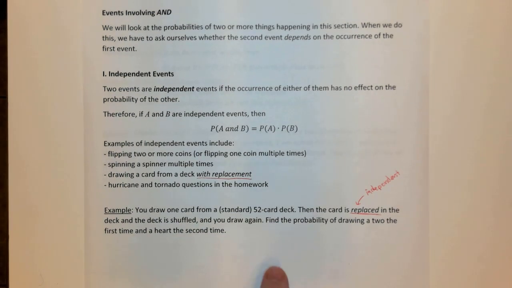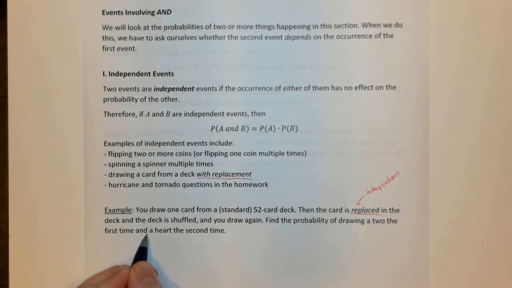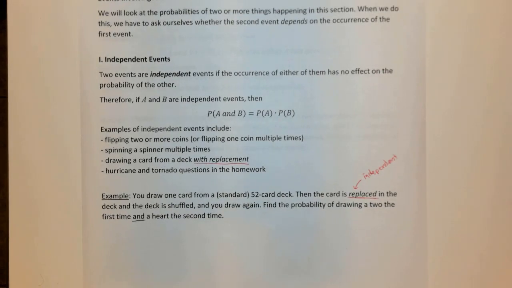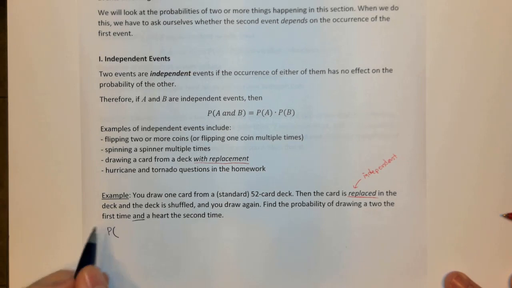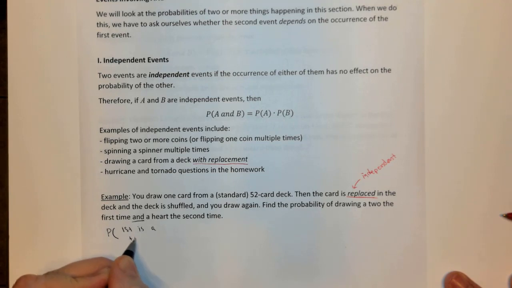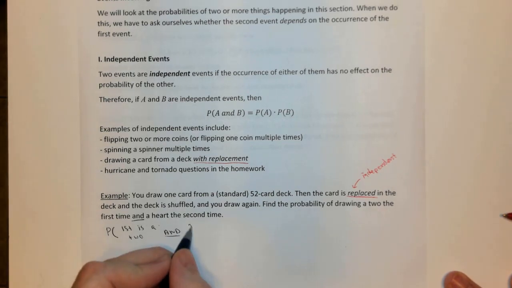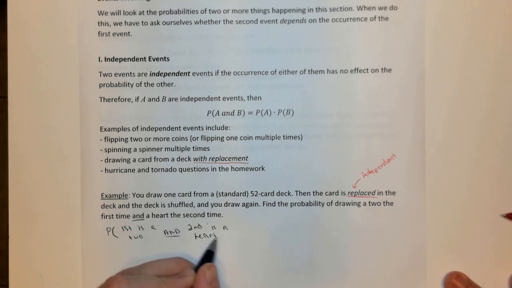So find the probability of drawing a 2 the first time and a heart the second time. We're not asking whether these two events can occur at the same time, because there are two events occurring. So the probability that the first is a 2 and the second is a heart.